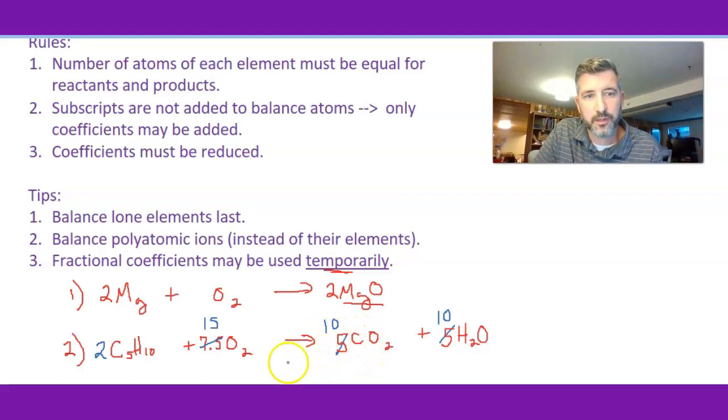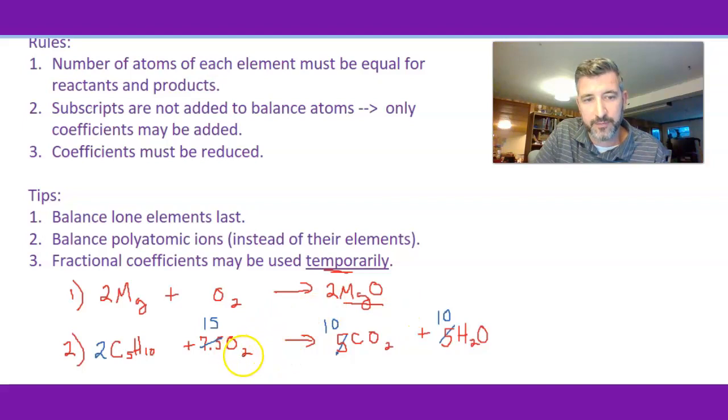And just to make sure that I've got this right, I'm going to go through and do the math. So for this carbon, I've got 2 times 5, which is 10, which matches the 10 I have on the right. Remember that the 2 on the CO2 only goes for the oxygen. So I have 10 carbons because of the coefficient. As far as hydrogen is concerned, I've got 20, and over here I've got 10 times 2, which is also 20.